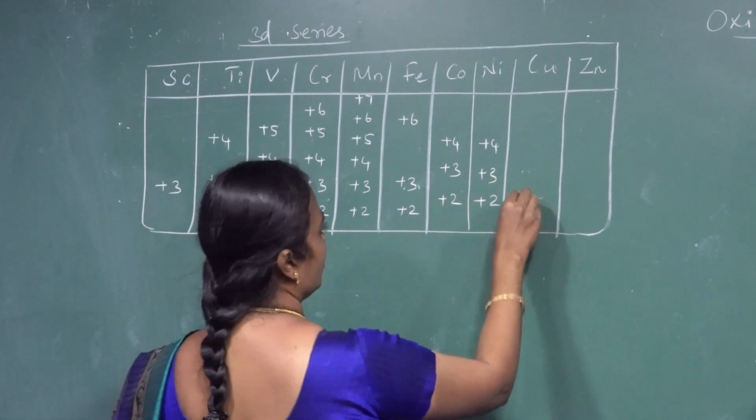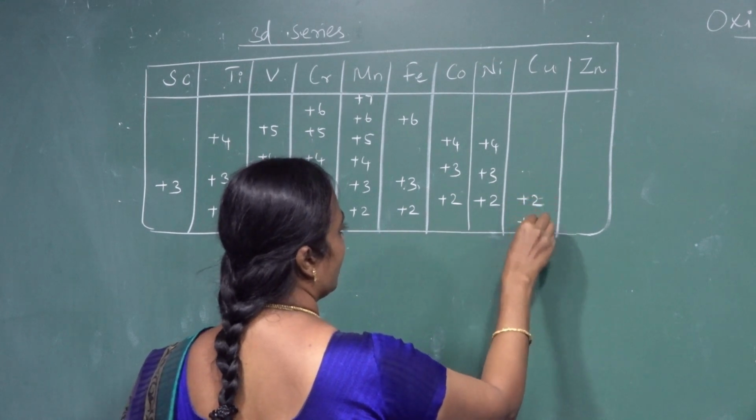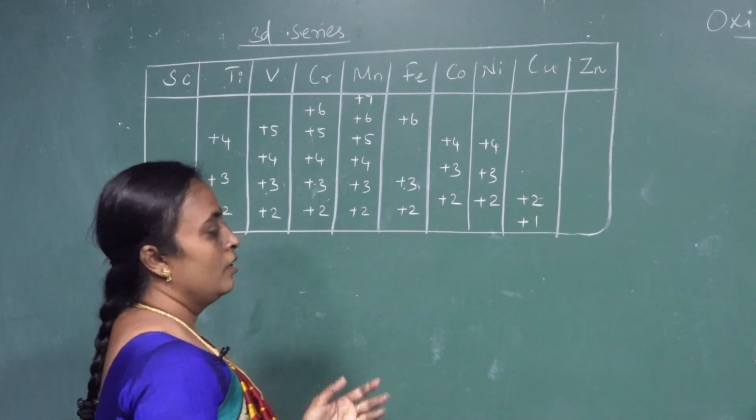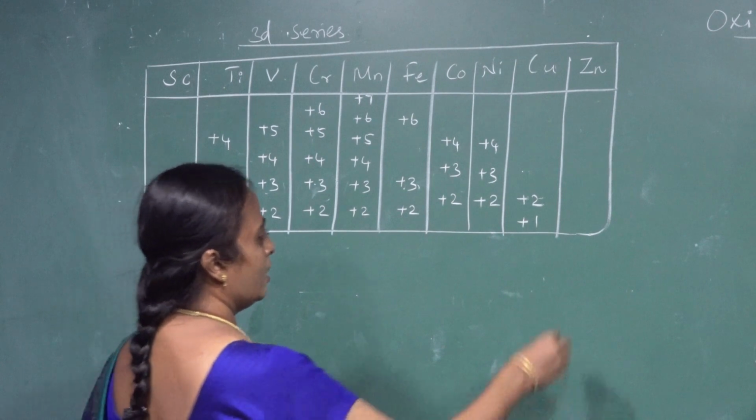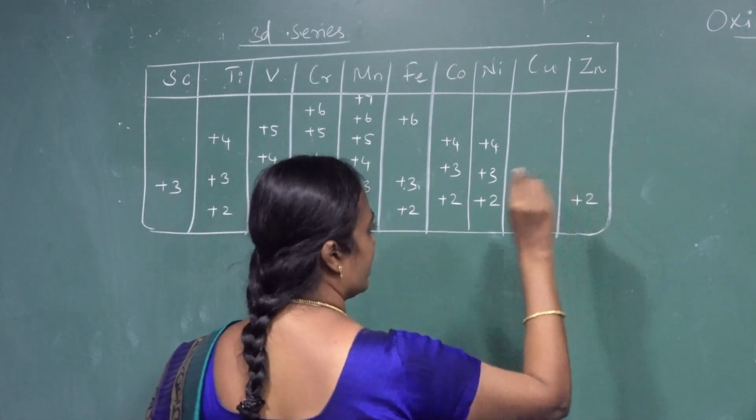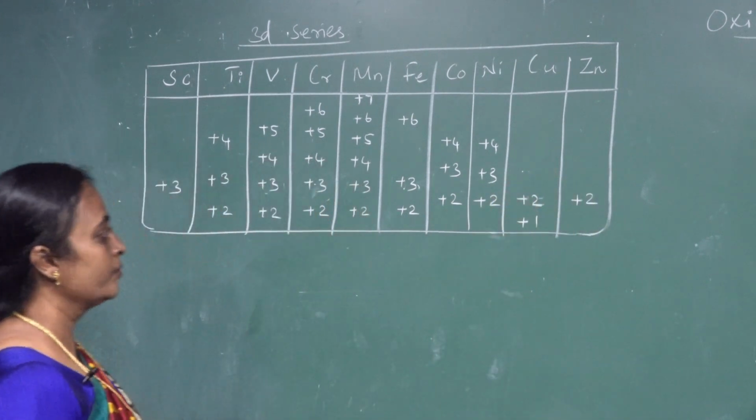For copper, we know +2 and +1 are the common oxidation states. For zinc, only the +2 oxidation state is available.